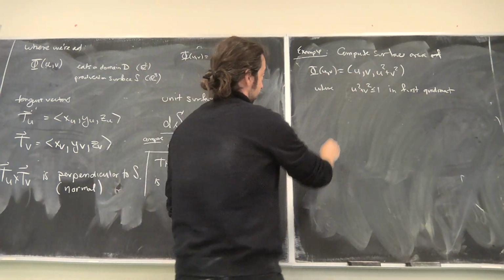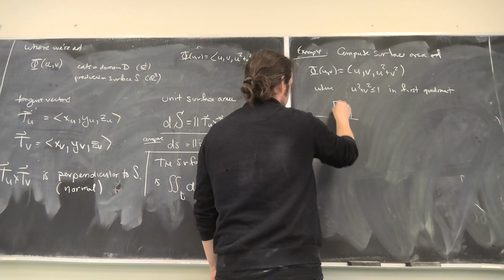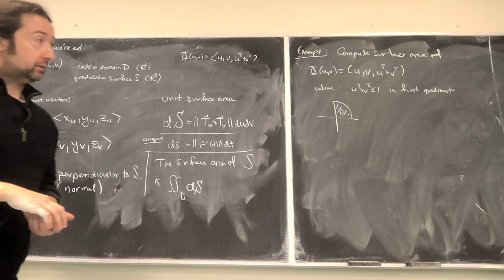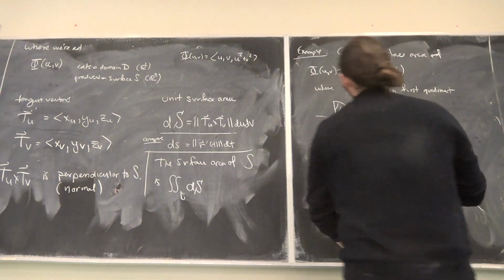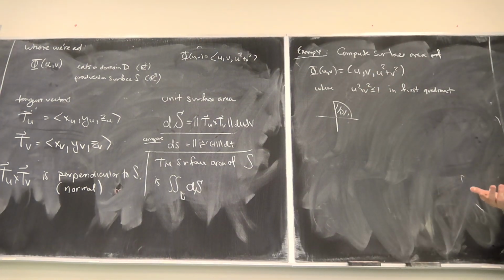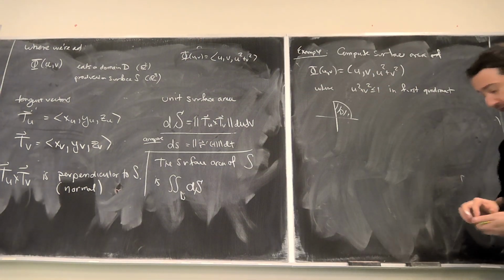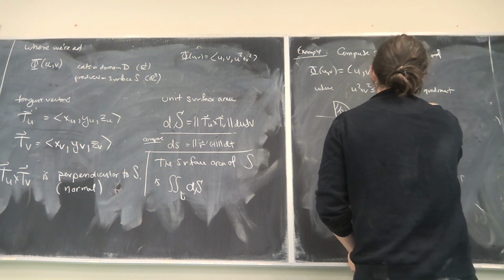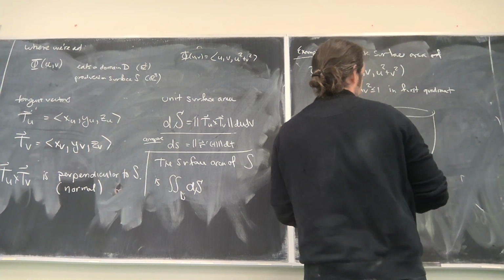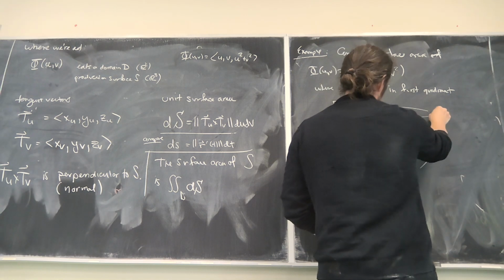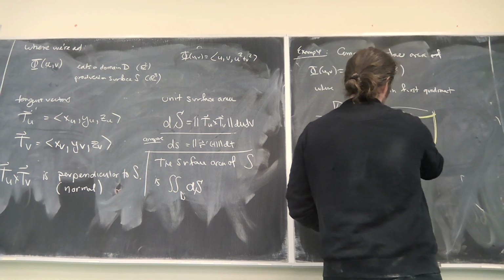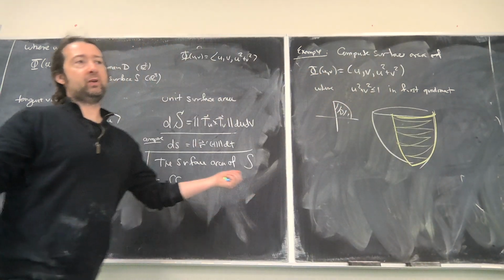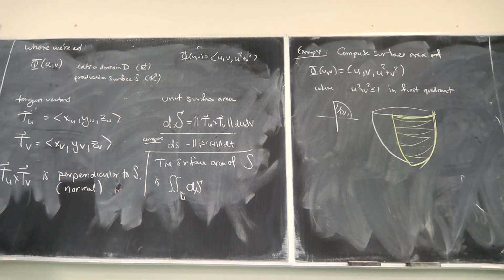So what we're looking at here is our domain D looks like this, a quarter of the unit circle. And the surface that we're producing is a quarter of a paraboloid. You can think of the paraboloid looks like this, and we're calculating just this part of it. So the surface area of a quarter of a paraboloid, sitting over that region right there.